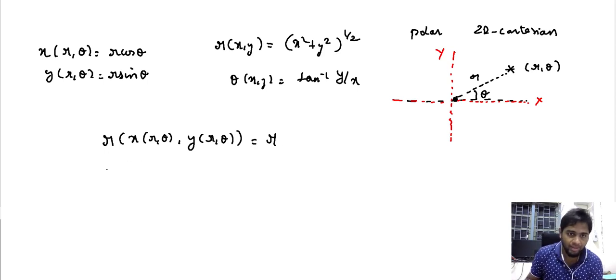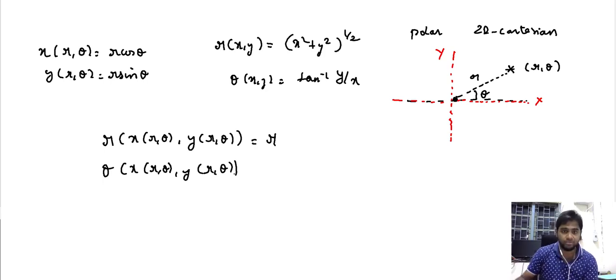In the same way, if we began by considering theta as a function of x and y, and this x and y are again in turn a function of r and theta, we will be able to recover theta.